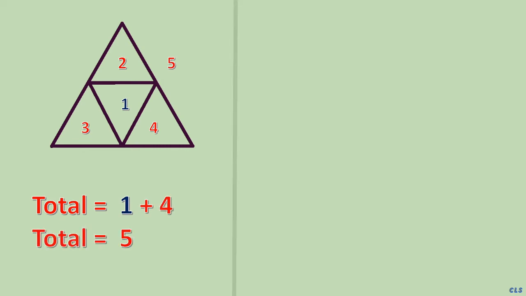If you have more triangles inside, it will be 1 plus 4 plus 4. So let's see. This is the first one, and you have 4 from the second one. And here 1 plus 4. And here we can verify.